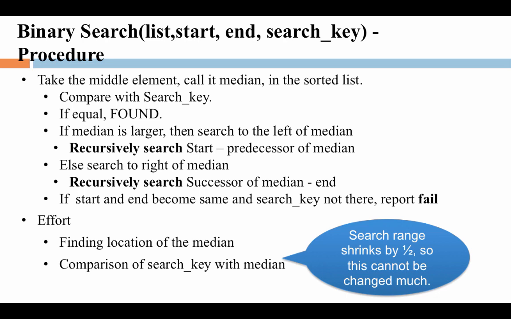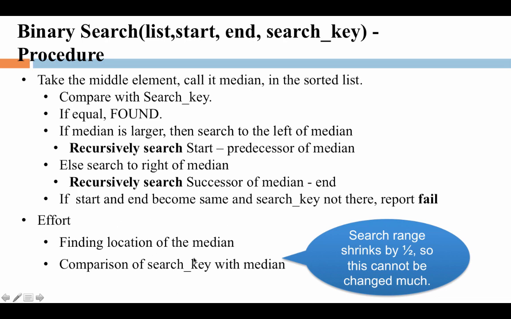And we are going to analyze today whether storing it in a doubly linked list or storing it inside an array is better. Now to understand the exercise and design the appropriate data structures, let us understand where the computational effort is. The computational effort is in finding the location of the median. That's the most important thing because you need to take the middle element, and therefore we need to find the location of the median.